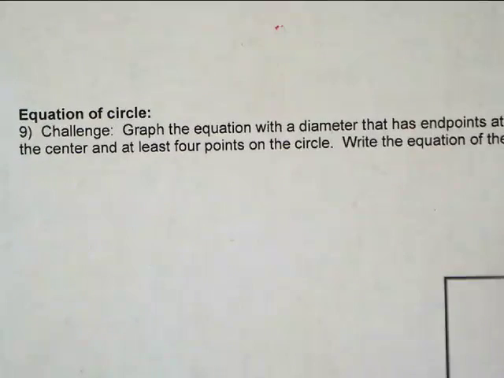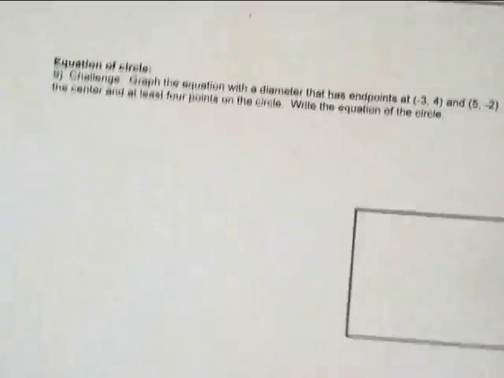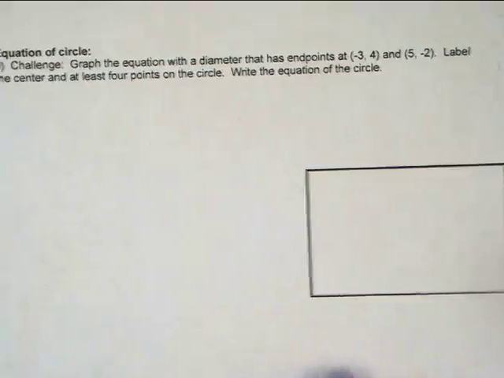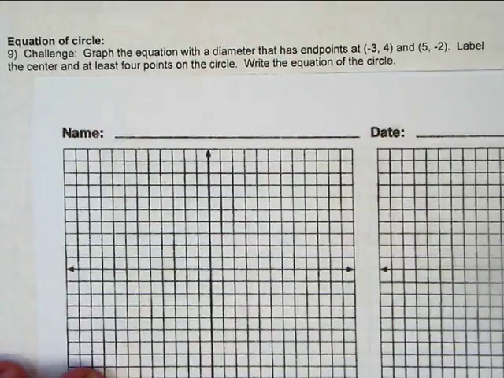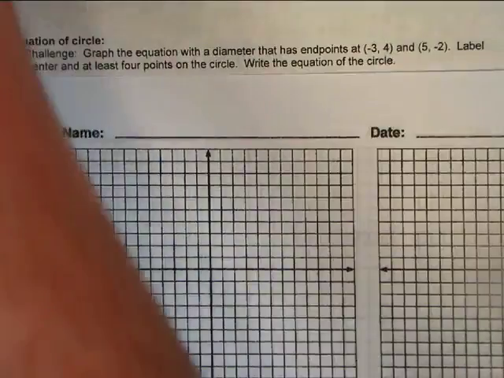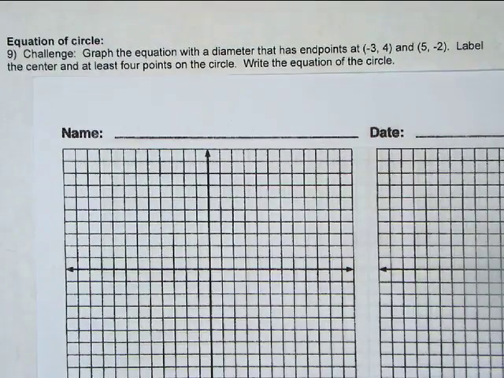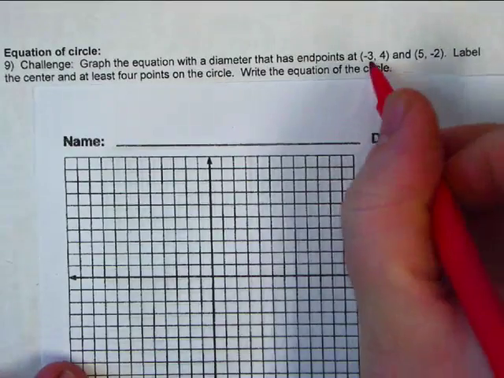So if we look at number 9, number 9 is looking for something similar. It just gives us different information. It says graph the equation with the diameter that has the endpoints, and it doesn't give us the center. It's giving us endpoints. Well, the endpoints are -3 and 4.